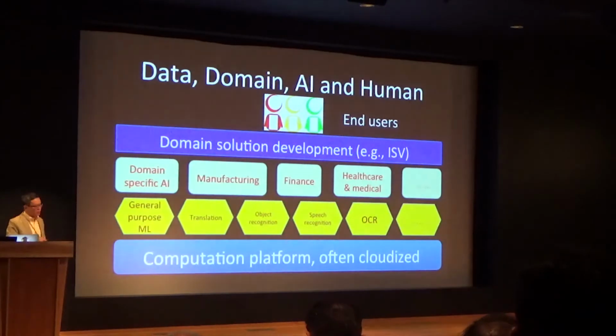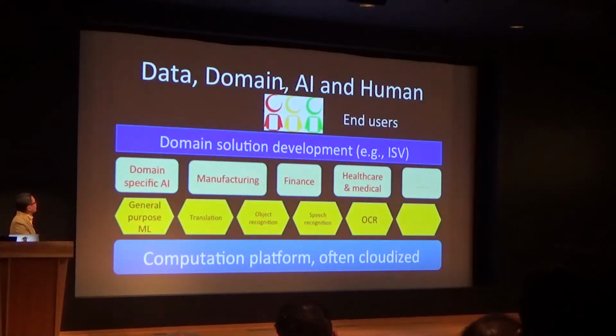In order to support such a scenario, one platform we are building now is that we try to connect the data, the domain, and AI, and end user. At the lowest level, we will build a computational platform, often on the cloud.